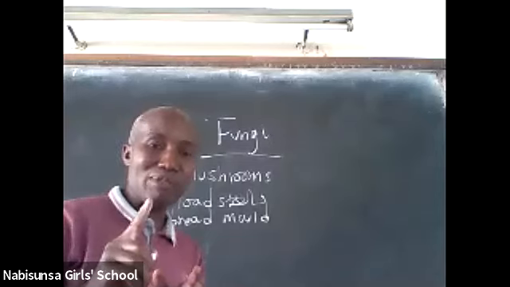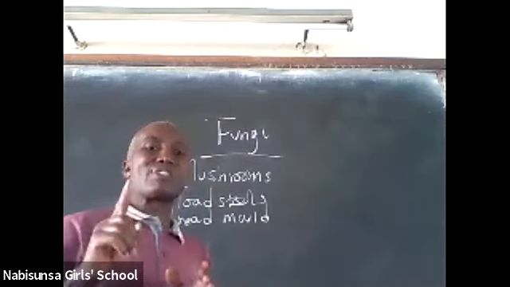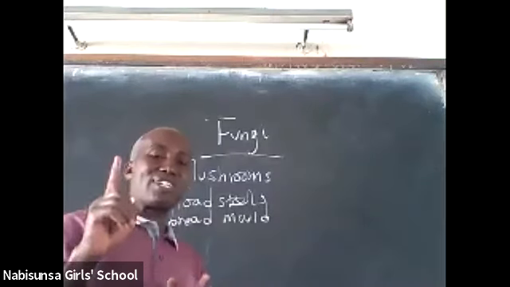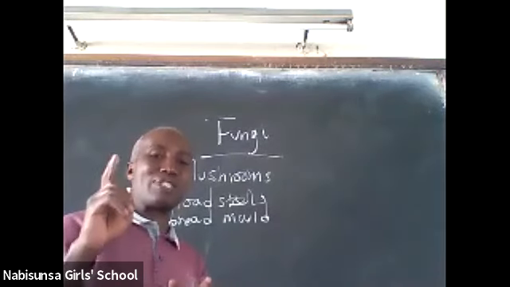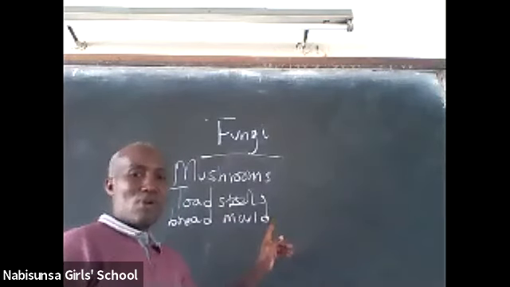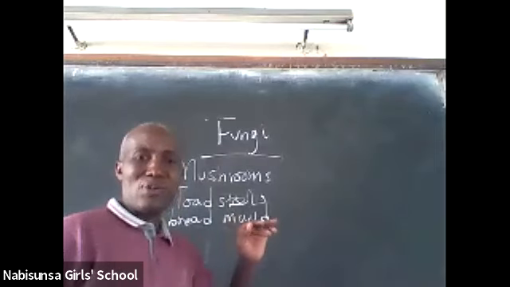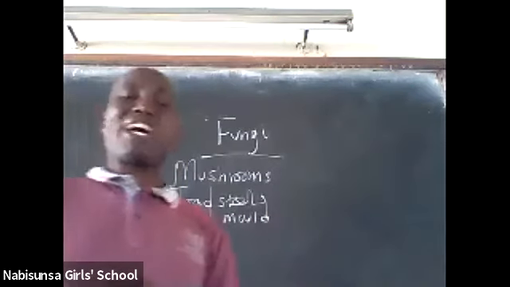I hope you're getting me right. Someone is also saying rhizoids. Rhizoids is also wrong. Rhizoids are root-like structures that are possessed by the bryophytes. We shall also be seeing them on these organisms here, but those ones are not okay. So the common examples are those ones.